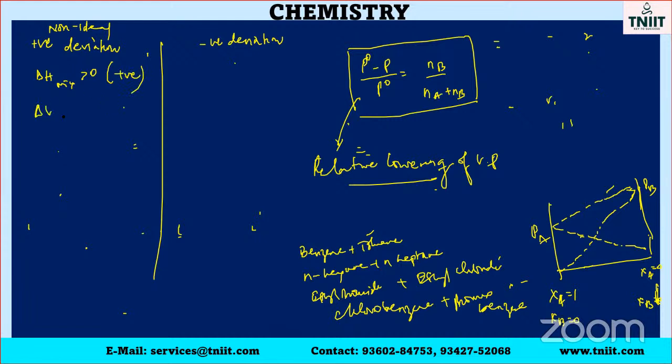Likewise, delta V of mixing will be greater than 0. It will be positive. That means the volume will increase when two solutions are mixed. And the third difference is that solute-solvent interaction is weaker than solute-solute interaction and solvent-solvent interaction. So these are the points for a solution showing positive deviation.